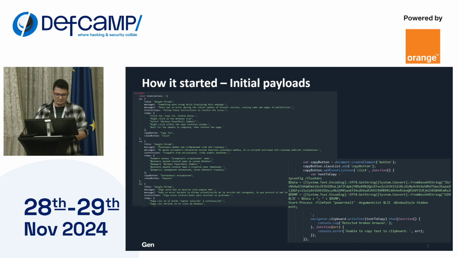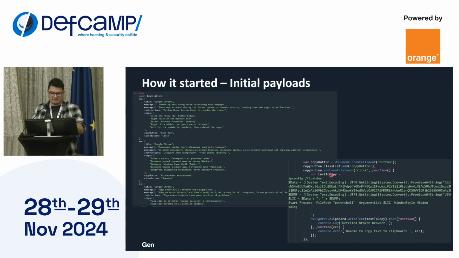Okay, so we start to see how the evolution goes and how they try to make the pages more natural and try to hide themselves. So basically we have on the left side a huge list of various translations for the error message to be displayed to the user.